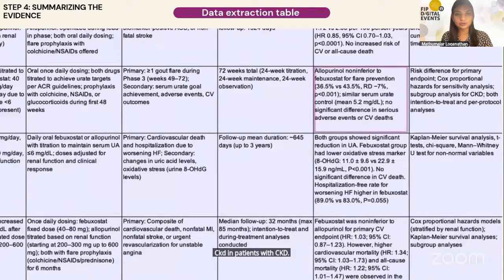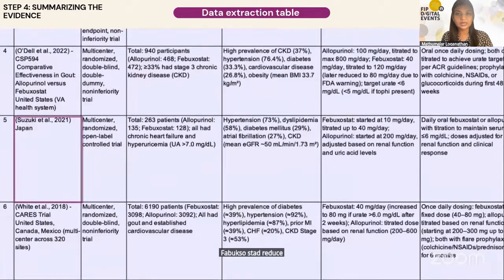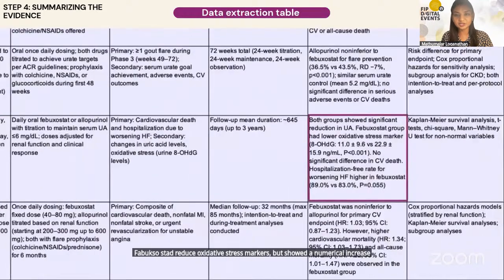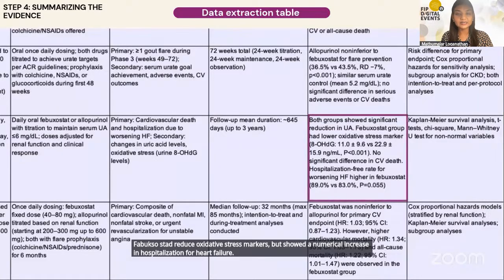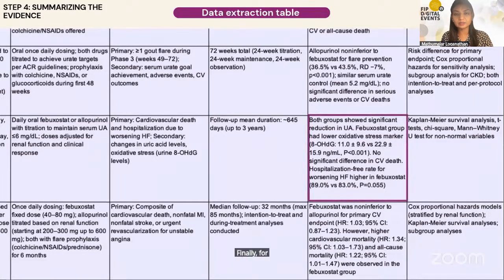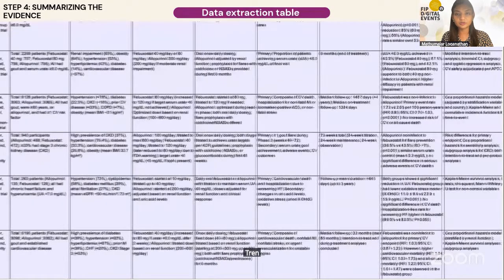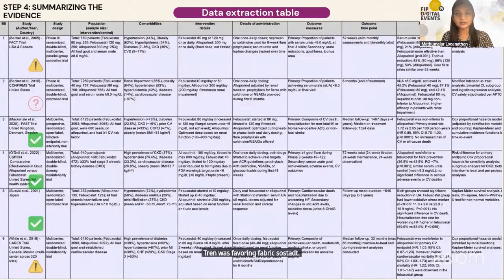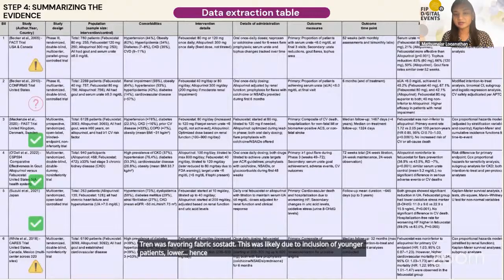As for Suzuki et al. in 2021, febuxostat reduced oxidative stress markers, but showed a numerical increase in hospitalization for heart failure. Finally, for Baker et al., published in 2010, the trend was favoring febuxostat. This was likely due to inclusion of younger patients, who are categorized as lower risk.